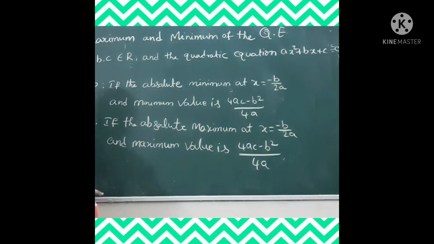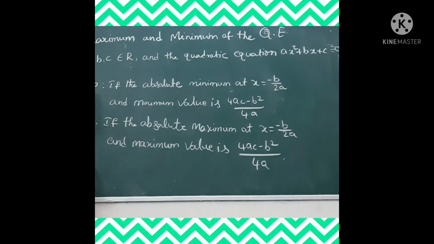Okay, understand here maximum and minimum values of the quadratic equation. Here a, b, c belong to R and the quadratic equation ax square plus bx plus c is equal to 0. First condition is a is greater than 0, means x square coefficient is positive. Then the absolute minimum at x is equal to minus b by 2a and minimum value is 4ac minus b square by 4a.